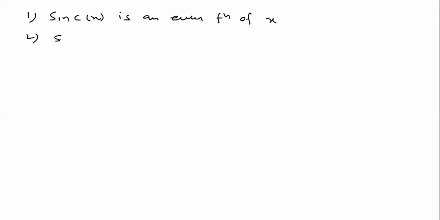Second, sinc x is 0 for x equals plus minus n pi, where n equals 1, 2, 3, 4, 5 and so on.